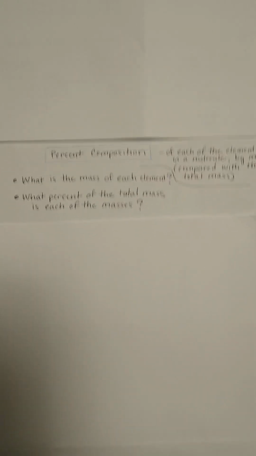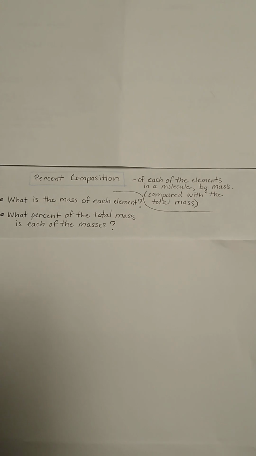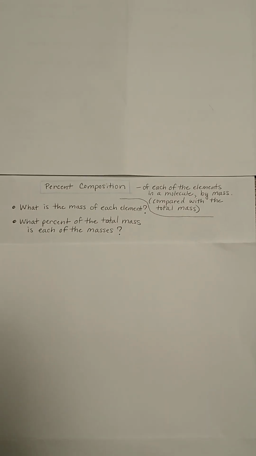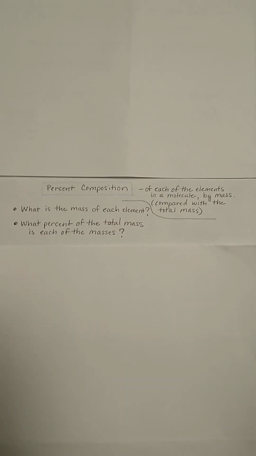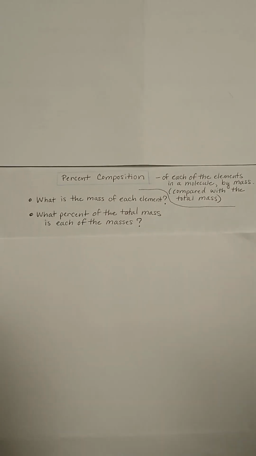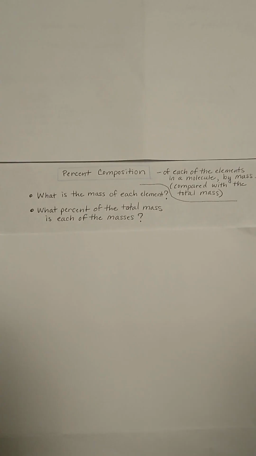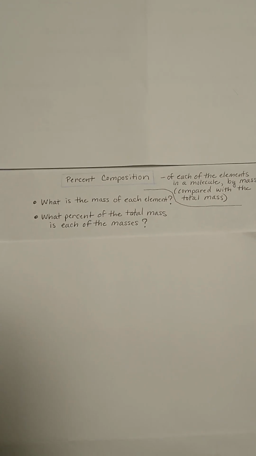It just describes, of each of the elements in a molecule, the percent of each of the elements of a molecule by mass, okay, compared with the total mass. That's what a percent of something is, right? So we're going to need to find out the mass of each element. So if there's hydrogen, carbon, and oxygen, the mass of each of those, and then what percent of the total mass each of those elements is.